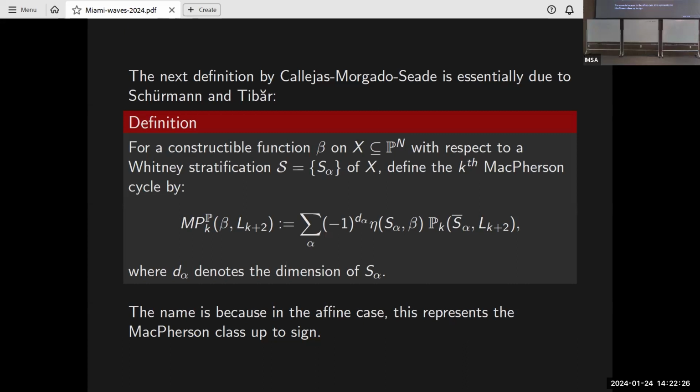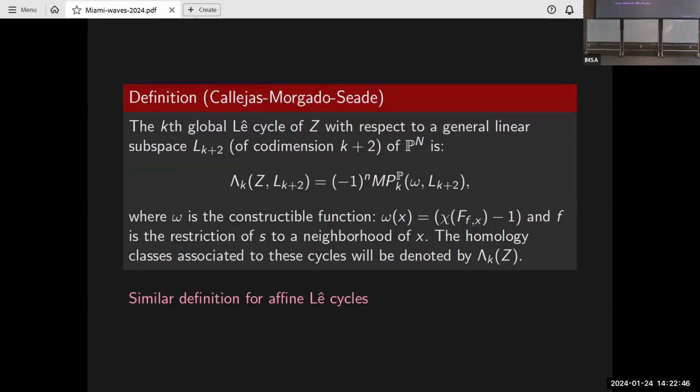And then you have these projective MacPherson cycles, given by the normal Morse index times the Euler obstruction. So you have these projective MacPherson cycles, and you can define the global polar cycles, which are the same as the polar classes. Why this name?